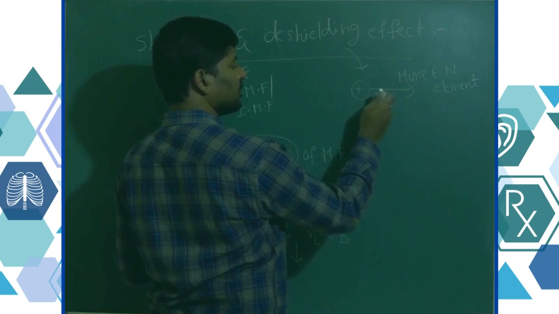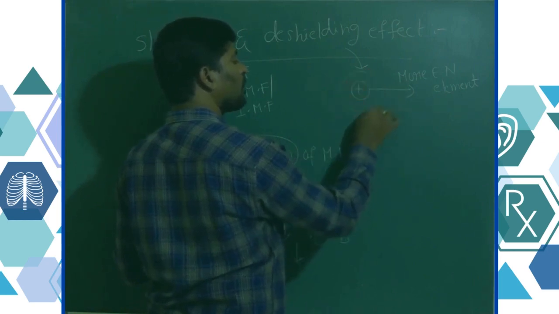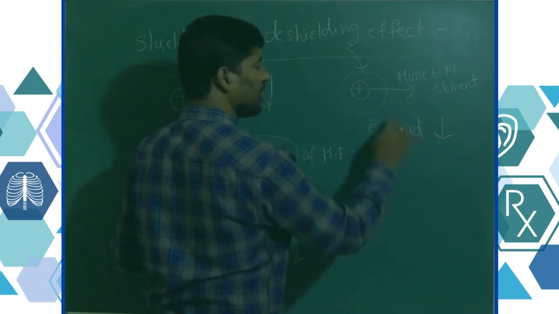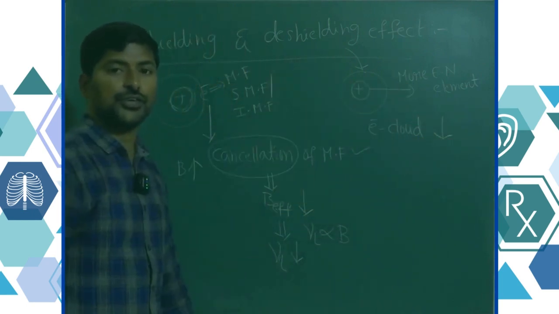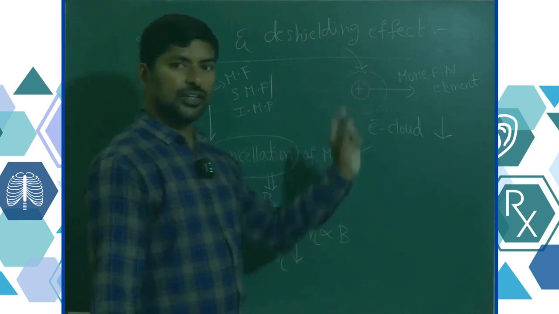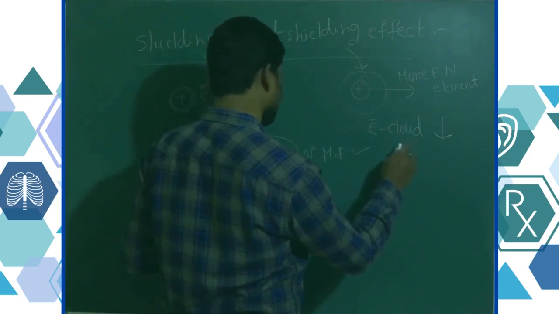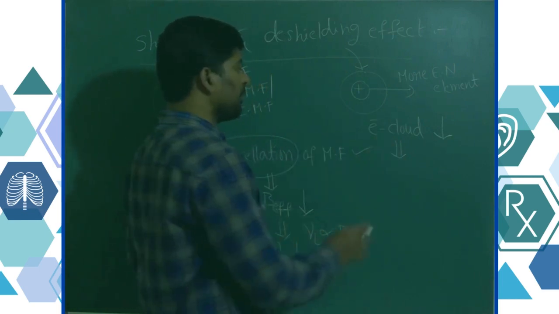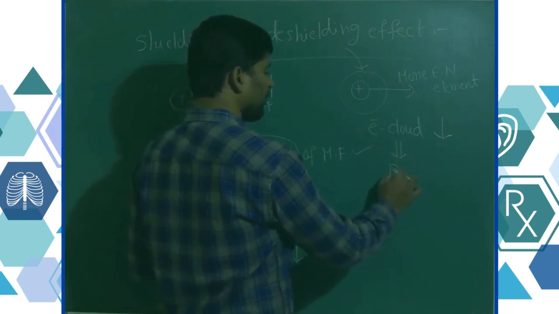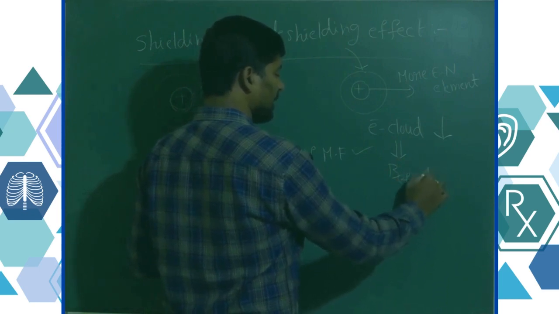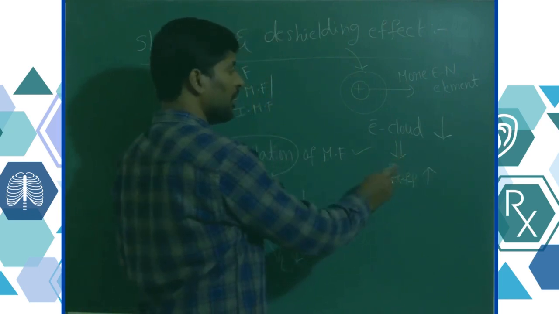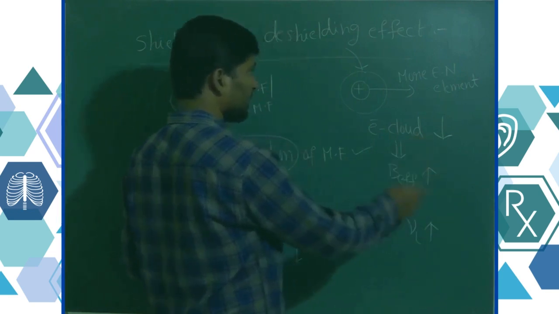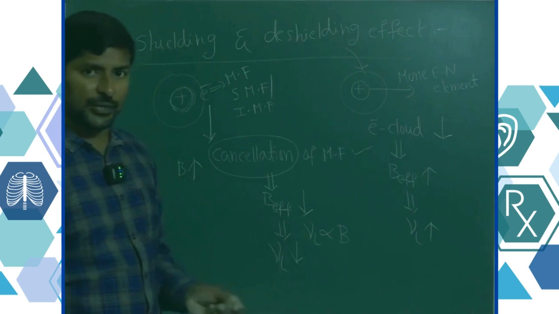The electron cloud around the nucleus decreases, since it is attached to a more electronegative element. Whenever the electron cloud decreases, the effective magnetic field increases, the precessional frequency increases, and such an effect is called the de-shielding effect.